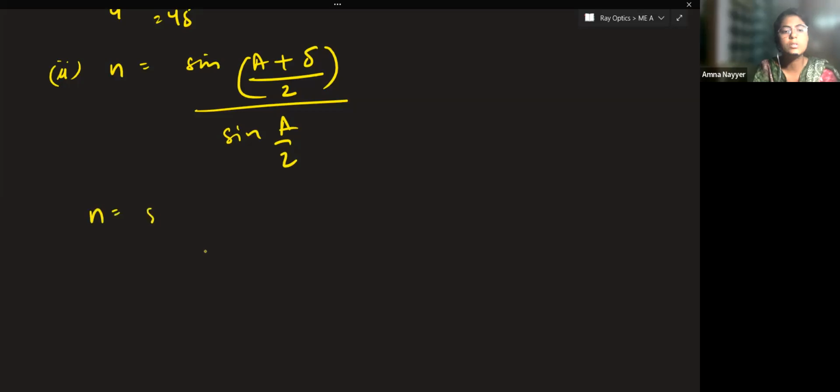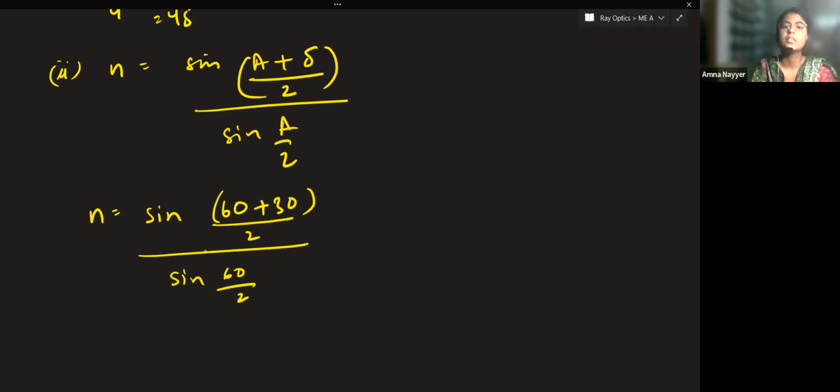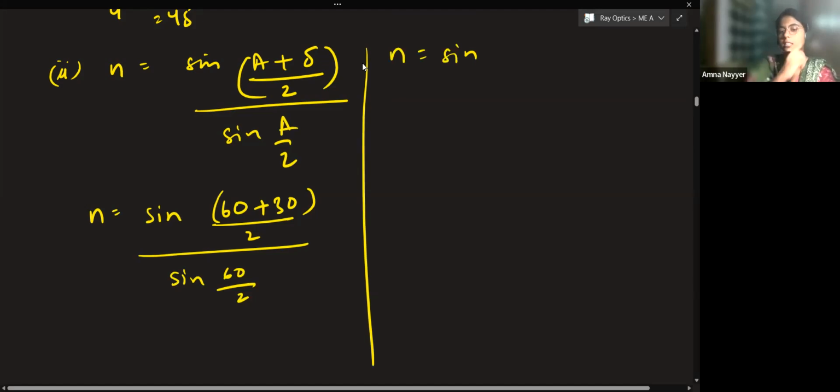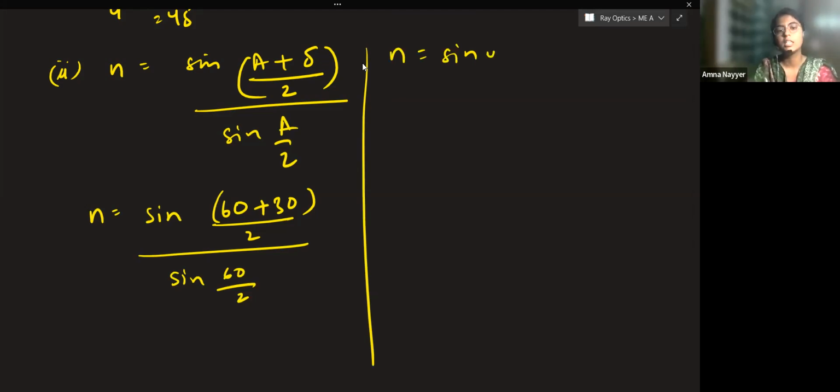n is equal to sine of (60 plus 30) by 2 divided by sine of 60 by 2. So 60 plus 30 is 90, by 2 that is 45. So sine 45 and sine of 60 by 2, which is 30 degrees.